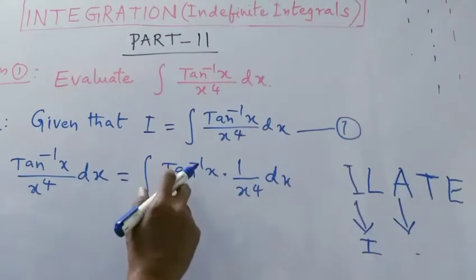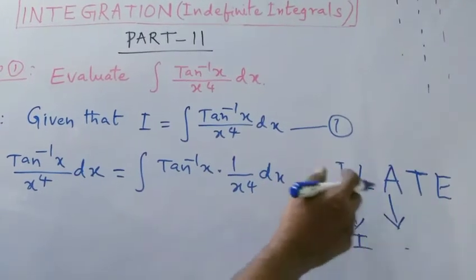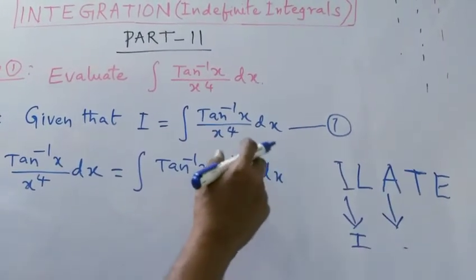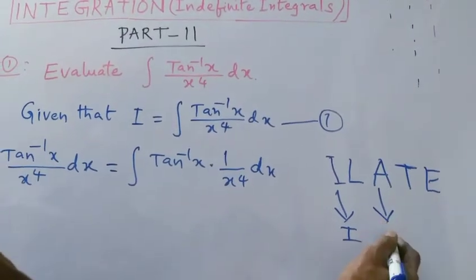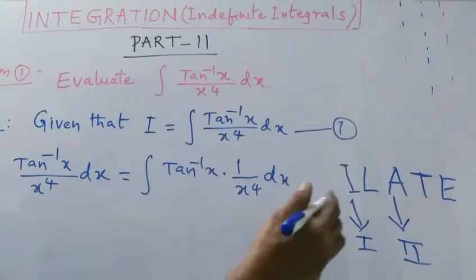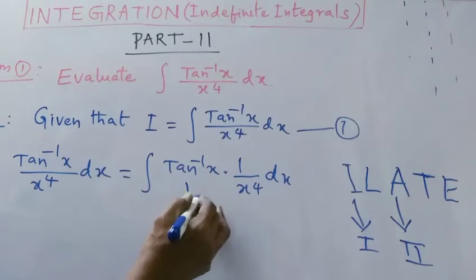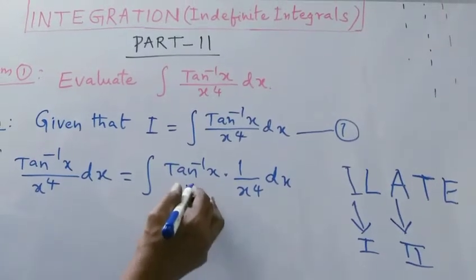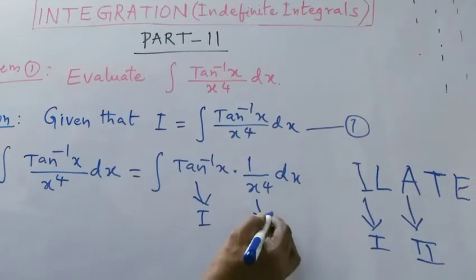So after the inverse trigonometric function, the algebraic function comes next, so it should be considered as the second function. By using this ILATE, we are identifying that tan inverse x, the inverse trigonometric function, is the first function and the algebraic function is the second function.